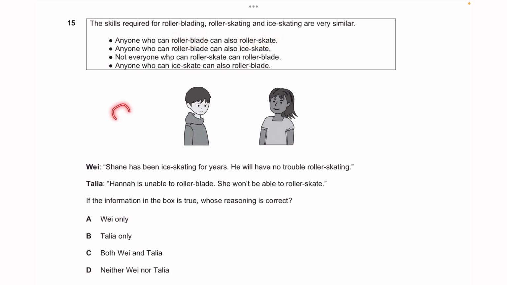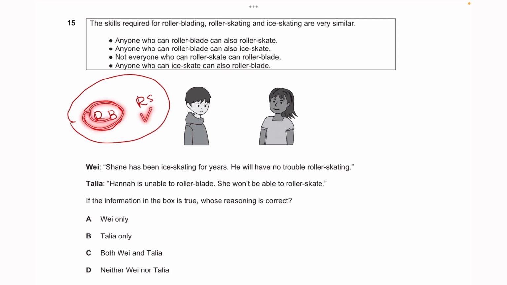So if you can rollerblade, you can also roller skate. Now anyone who can rollerblade can also ice skate as well. But it says not everyone who can roller skate can rollerblade. Okay? So basically, if we actually drew this into a Venn diagram, this is what we know. This is rollerblading, and anyone who can rollerblade can also roller skate. But not everyone who can roller skate can rollerblade. So that's why we've drawn this one to be a lot bigger than this one, okay?